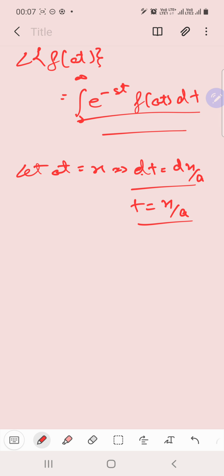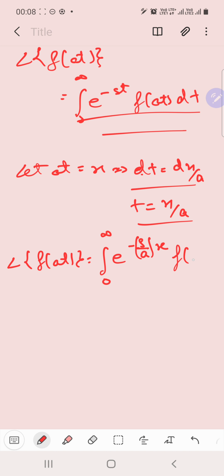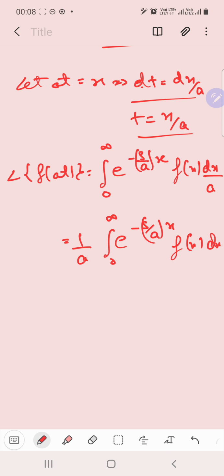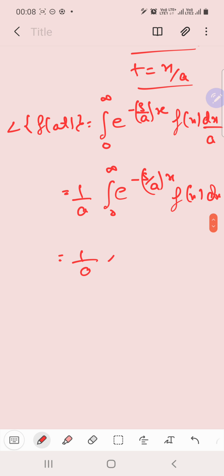So putting these values in the integration, we get Laplace of f(at) is equal to integration 0 to infinity e to the power minus (s upon a) x, and this is f(x) dx over a, which is equal to 1 over a integration 0 to infinity e to the power minus (s over a) x f(x) dx, which is nothing but 1 over a f bar of s over a.